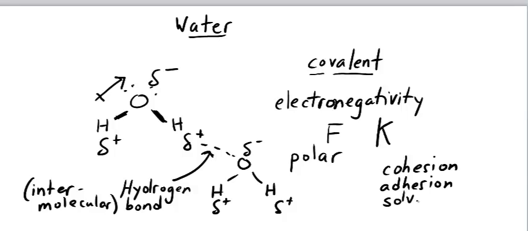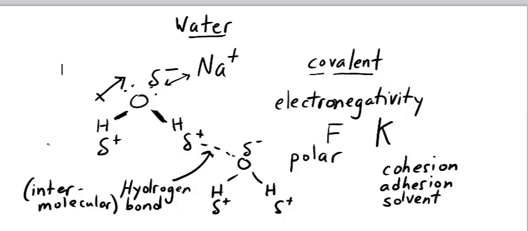Water is also very good for dissolving things in, makes it a good solvent, and one of the reasons is because of these poles. So if you have a positively charged ion like sodium, it's going to be attracted to the negative pole of a water molecule. Okay, that's not a hydrogen bond, but it is attracted to the negative pole.